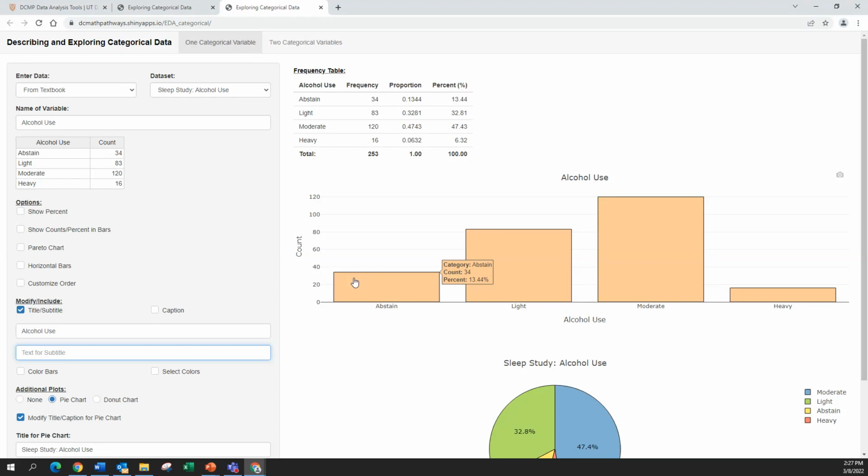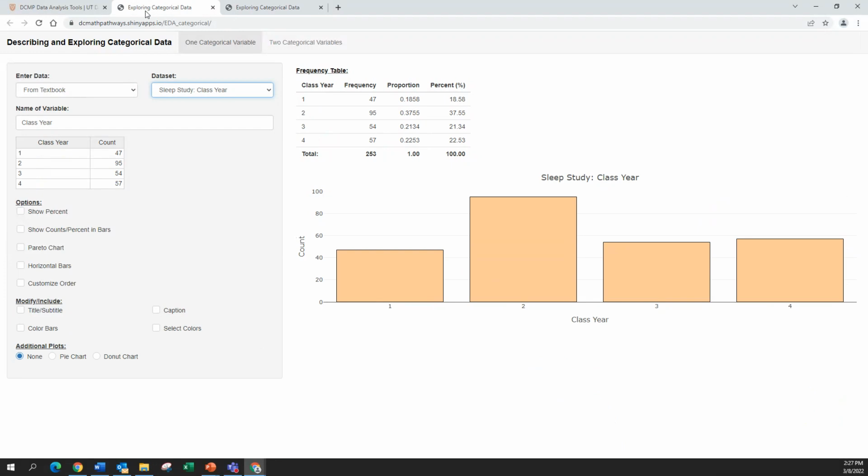There is definitely some evidence of underage drinking happening on this campus. Now, whether they're all in the abstain or light, we don't know. But even those two categories together here would not add up to the number of students that we're perceiving to be underage.